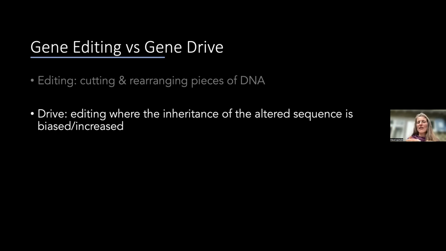So there is a huge probability that the descendants of an individual that has a gene drive and a wild type are going to be bearing the drive, that rearranged piece of DNA. And so the gene editing part is going to spread really quickly in the population.